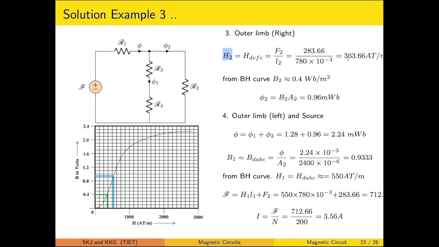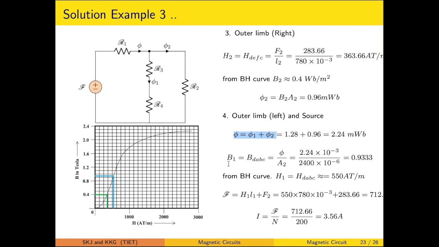We will be making use of the BH curve to find out the value of B. With the green line that has been calculated, it is 0.4 Weber per meter square. Once B is known, multiplied by the area of cross section, the flux is calculated. Phi 2 is known, phi 1 is already given, so we can calculate the value of phi making use of the KCL for magnetic circuits.